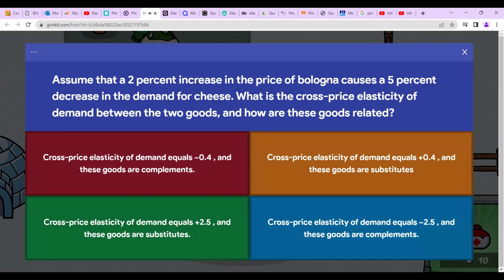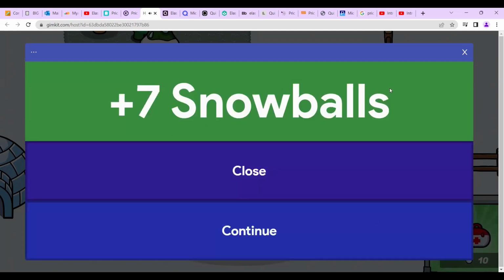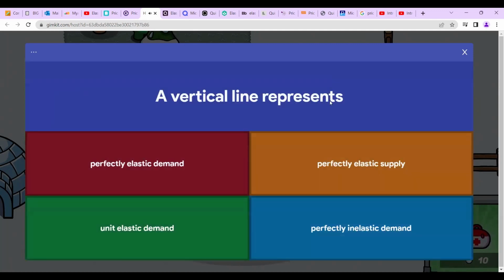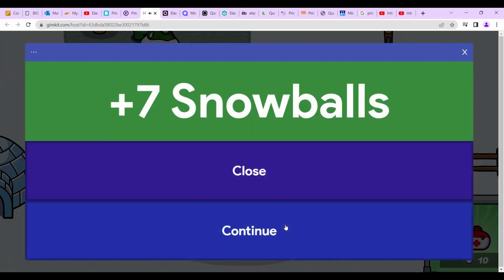What is the cross price elasticity of demand between the two goods and the cross price elasticity of demand is -2.5. What are the two demand for largest inelastic price? A vertical line represents perfectly inelastic demand.